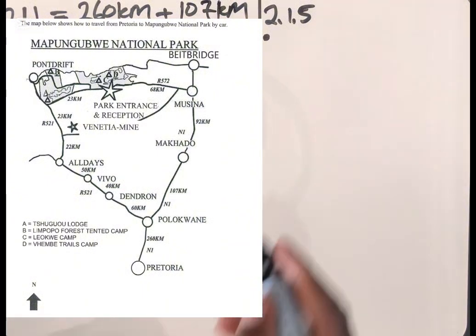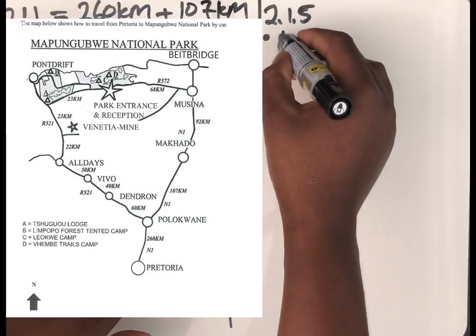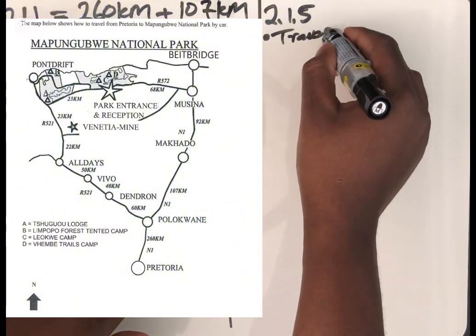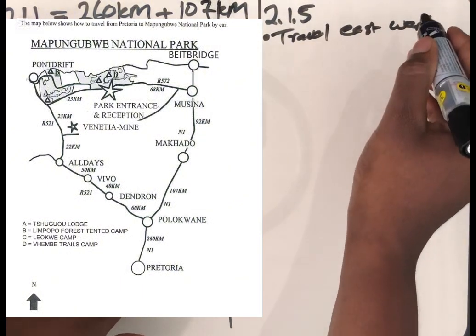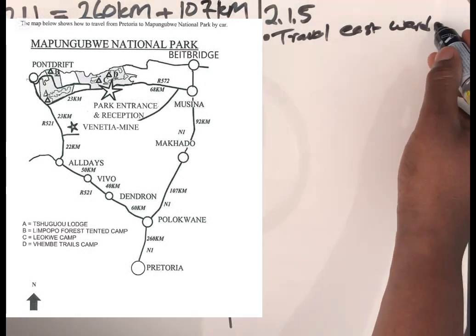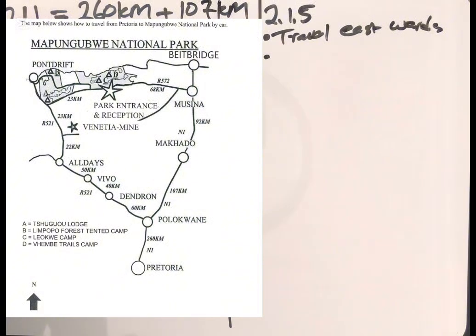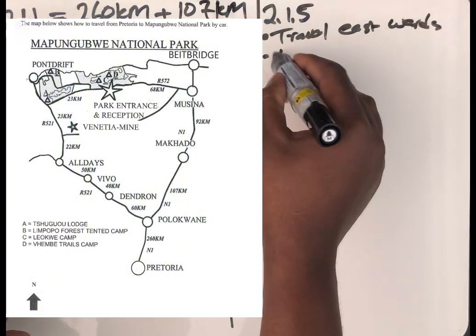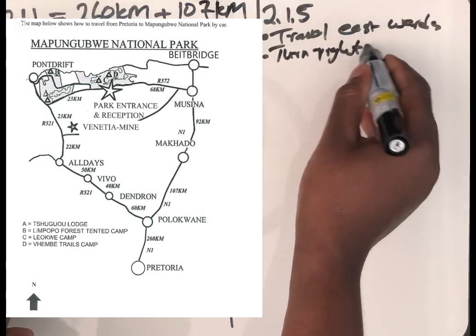The first one: I'm traveling from the star in the east direction. You can say travel east. That's the direction I'm taking. Then from there, turn right.